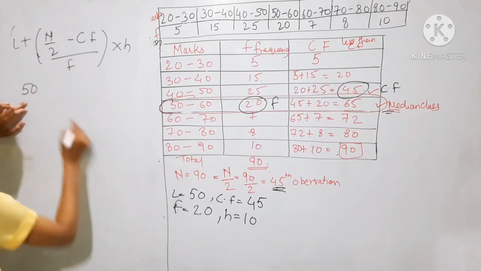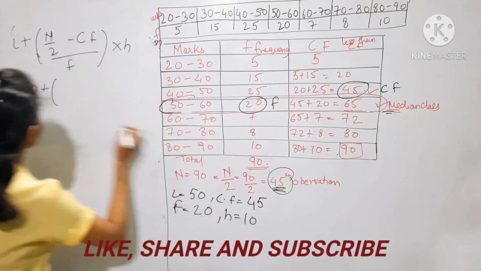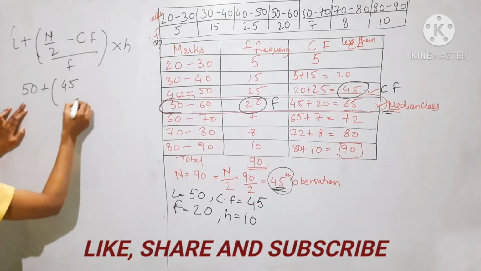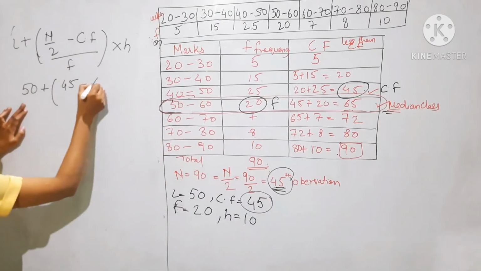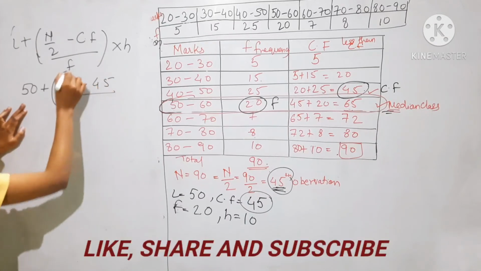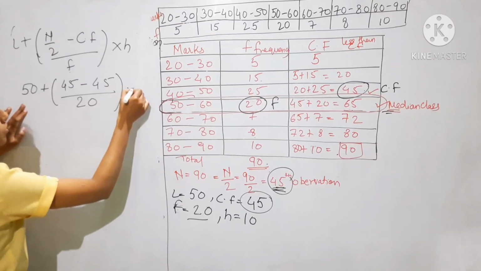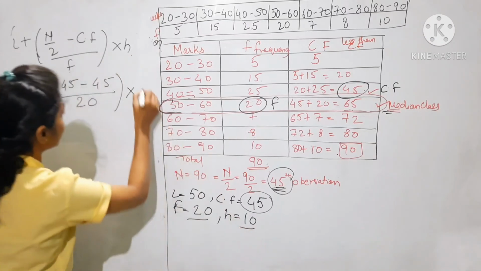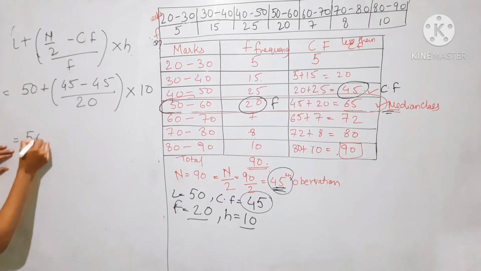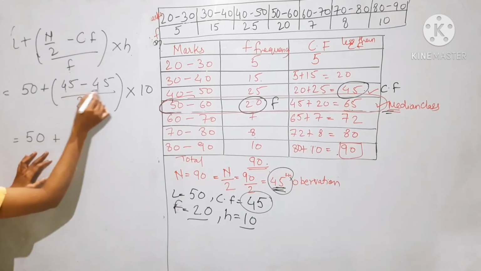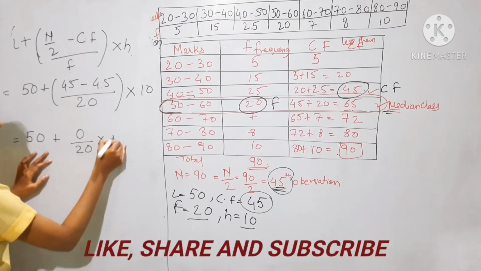L is 50 plus n upon 2, which is 45, minus CF, which is 45, divided by F, which is 20, bracket close, H is 10. So it is equal to 50 plus 45 minus 45, 0, upon 20, multiplied by 10.